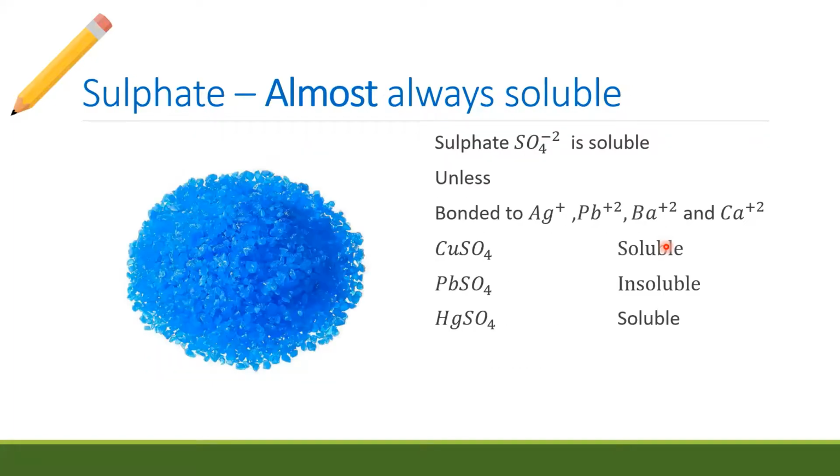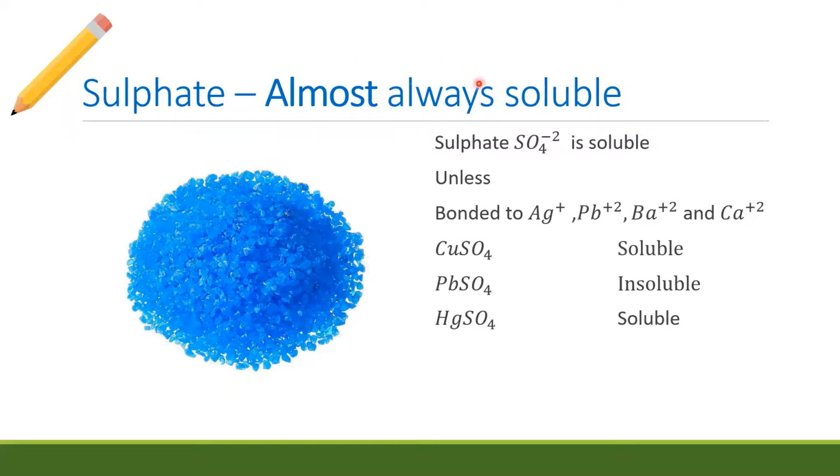So what we're going to talk about now is sulfate. Now sulfate, SO4 2-, this is another anion. It is negative, so it's an anion, it's a negative charge. And sulfate is also soluble.